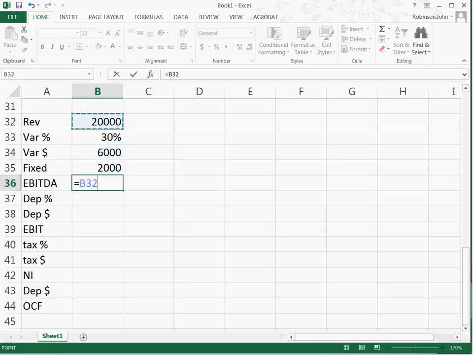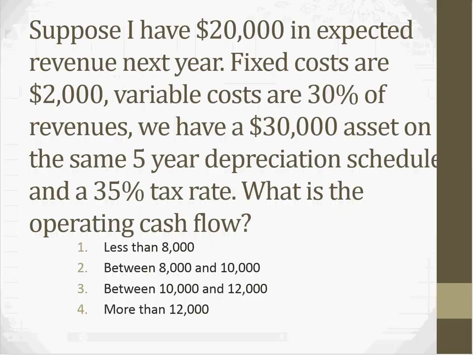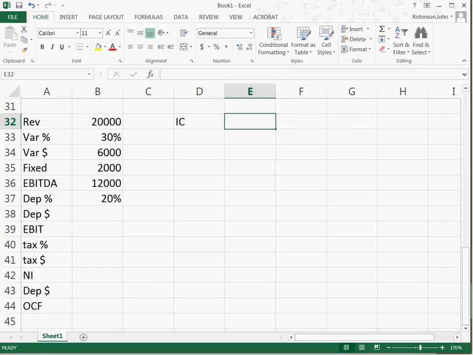We're in the same schedule, so depreciation is 20%. Depreciation dollars will depend on our initial cost, so we'll put that over here. Our initial cost was 30,000, so a $30,000 asset. So 20% of 30,000. We'll lock that in with F4.